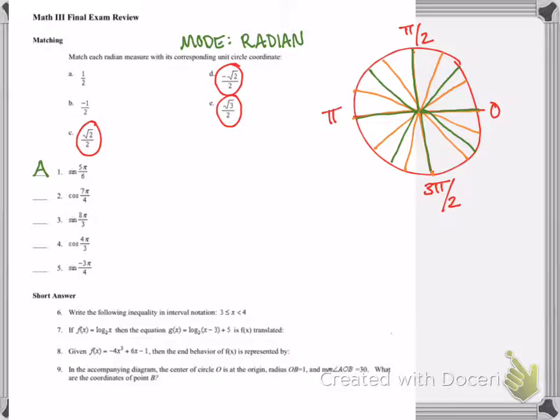Cosine of 7 pi over 4. Cosine is an x value. 7 pi over 4: this is 0, 1 pi over 4, 2 pi over 4, 3, 4 pi over 4, 5 pi over 4, 6 pi over 4, 7 pi over 4. Since this is an x value, it's definitely positive because it's in the fourth quadrant. So that means that it can't be D and it can't be B. Also notice that at this place, we are not the furthest away we could be from the origin on the x-axis, because that would be here.